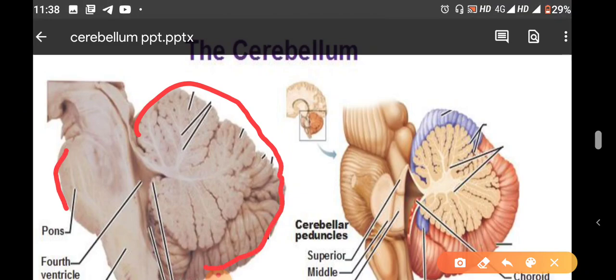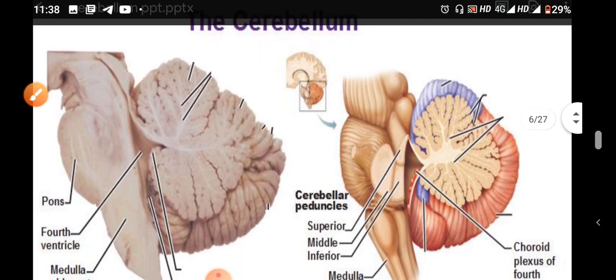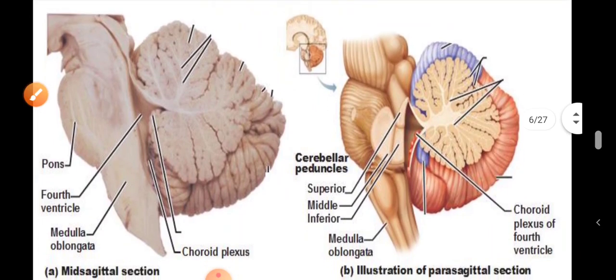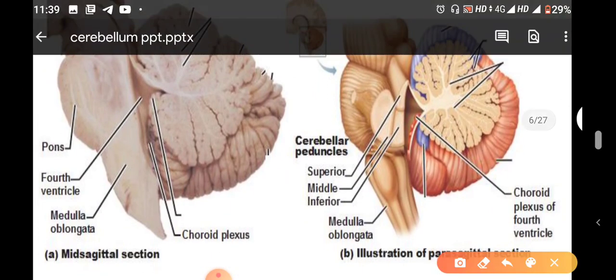Here there is a pons. This is the fourth ventricle. You can see here the cerebellar peduncles. So this small one is the superior cerebellar peduncle.